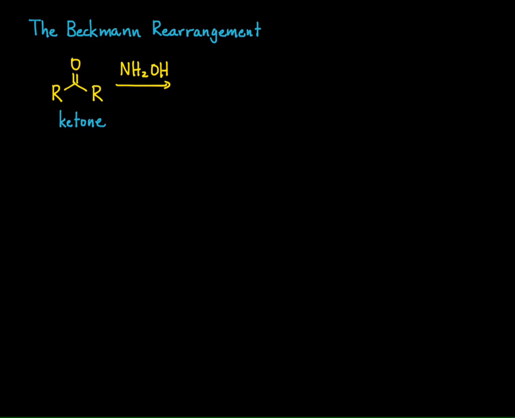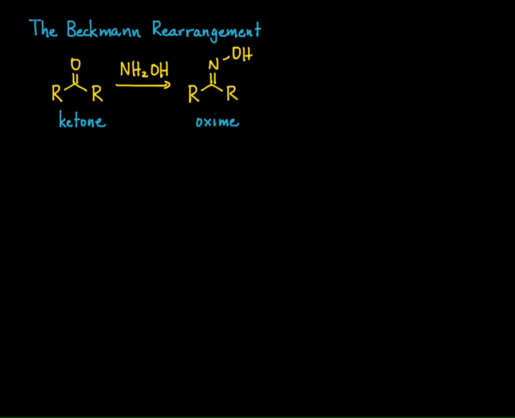And so when NH2OH reacts with a ketone, remember amines react with ketones to form imines. And so when this particular amine reacts with a ketone, it forms what's called an oxime. So you have this imine, carbon-nitrogen double bond, and attached to the nitrogen is that OH group. So that's where we get that oxime name from.